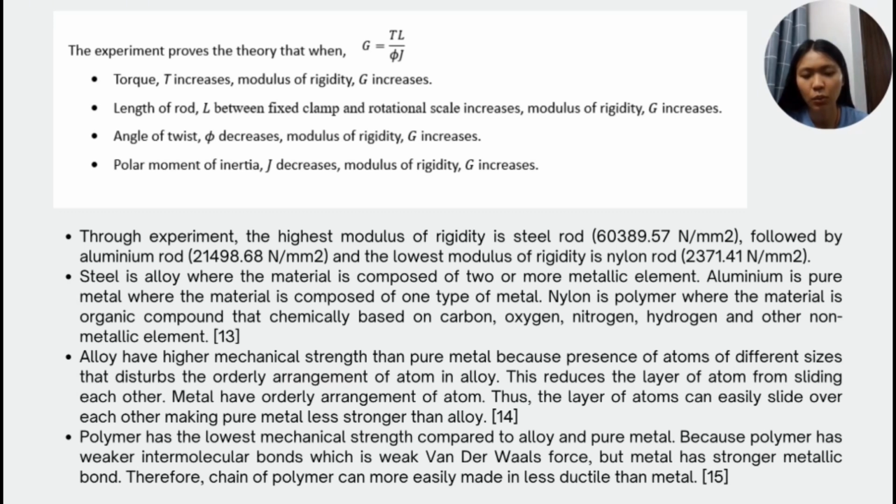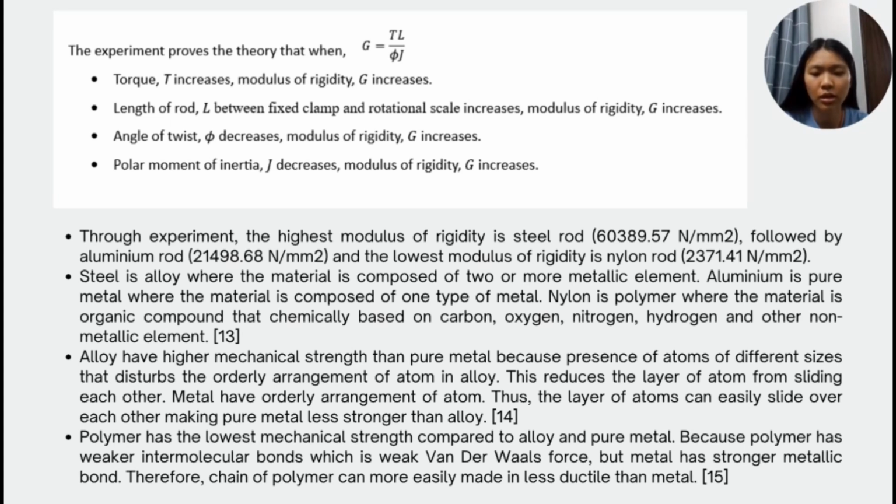Nylon is a polymer, where the material is an organic compound chemically based on carbon, oxygen, nitrogen, hydrogen, and other non-metallic elements. Alloys have higher mechanical strength than pure metal because the presence of atoms of different sizes disturbs the orderly arrangement of atoms in the alloy.